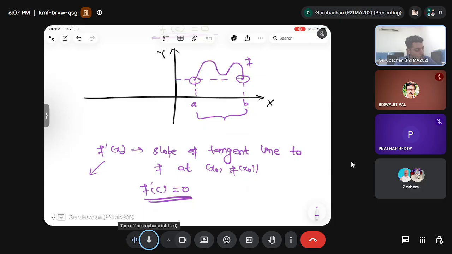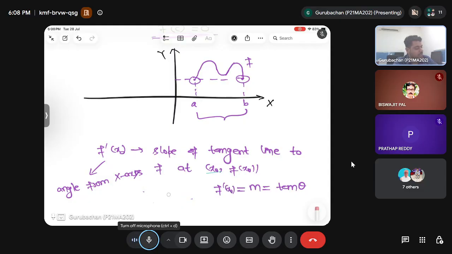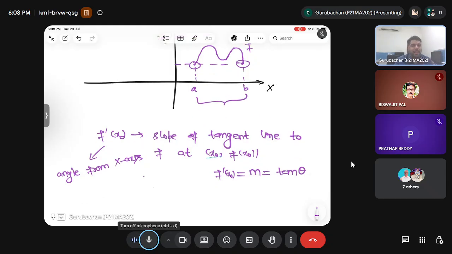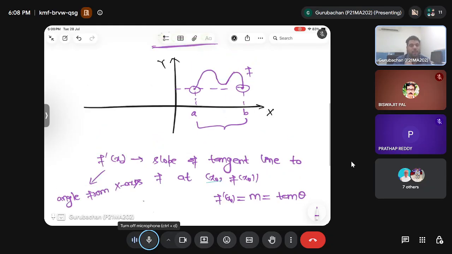It is also called the angle from the x-axis. Since we write slope as tan theta, equal to f'(x0), f'(c) being 0 means theta must be 0, or the tangent makes an angle with the x-axis that is parallel.